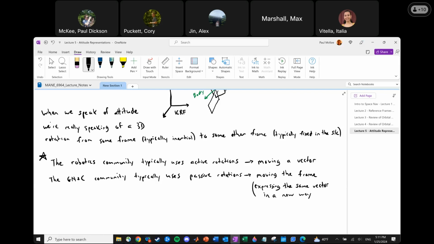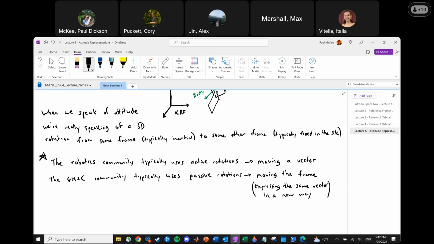And so this is why it is my pet peeve when people say, I'm going to describe the attitude of this spacecraft with a rotation matrix. No, you won't, because a rotation matrix describes the motion of an object in space. An attitude transformation matrix describes the relationship between one frame and another. And you might say, same difference, why don't you just push up the glasses on the bridge of your nose and say, well, actually. But there really is a difference. It's actually a critical difference. They are inverses of one another.